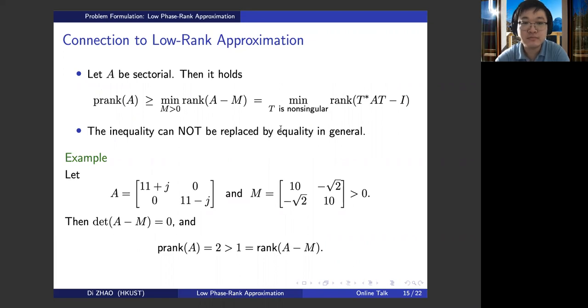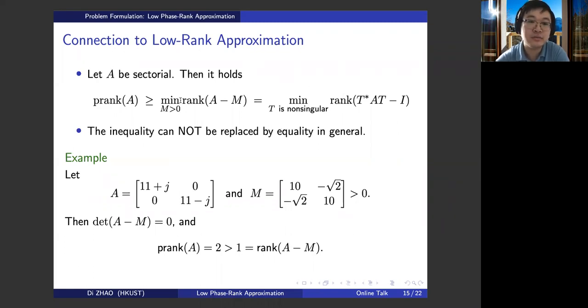So, because we know that low rank problems have been worked on for many years, the most direct way to study low phase rank approximation is by reformulating it into a low rank approximation. In general, they do have some connections, but they are not equivalent.